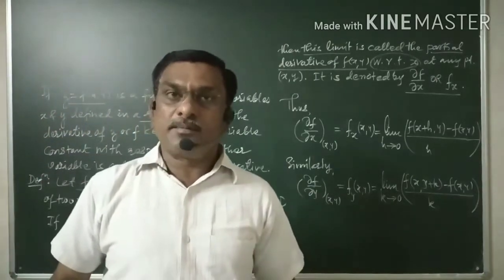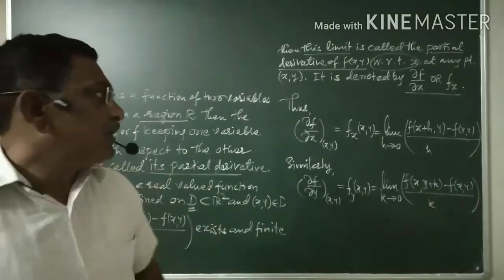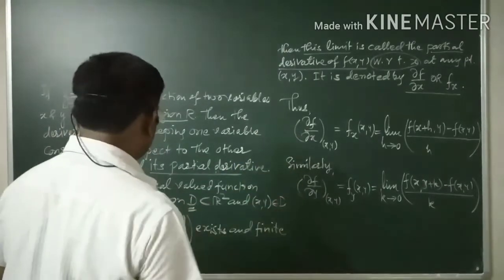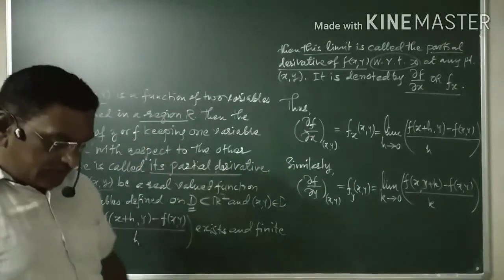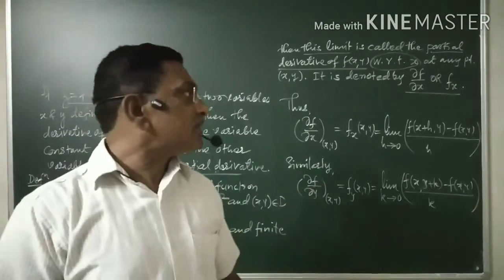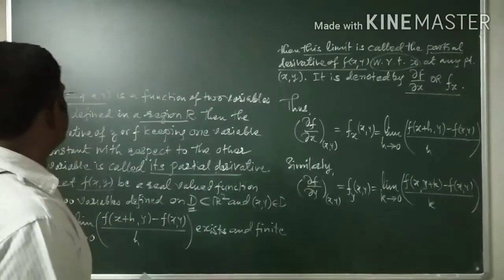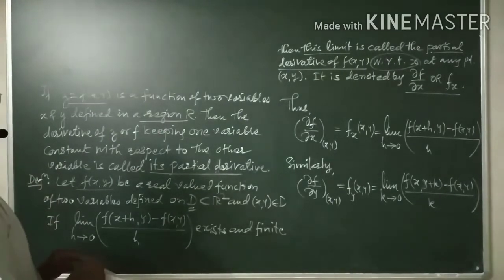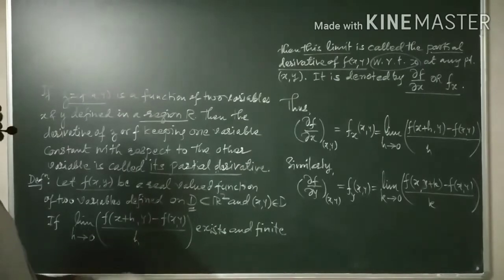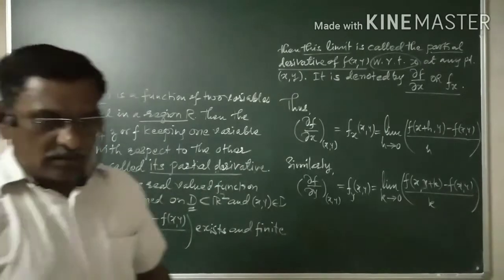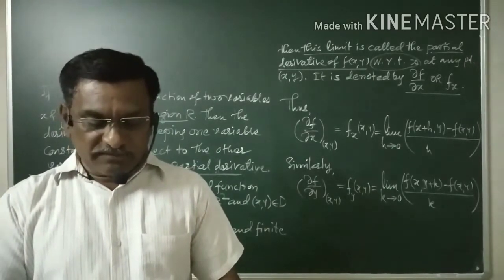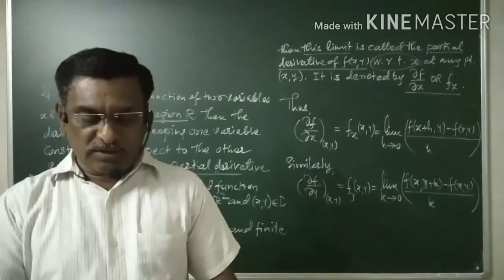Of course, if the variables are x and y, you can have these as the definitions. The general rule we have considered here is that for the differentiation of a function of two variables, you need to keep one variable constant, and keeping that variable constant, you go for the derivative.